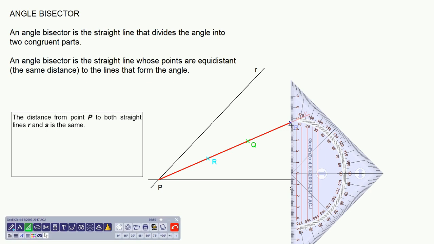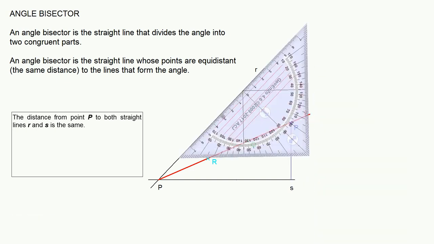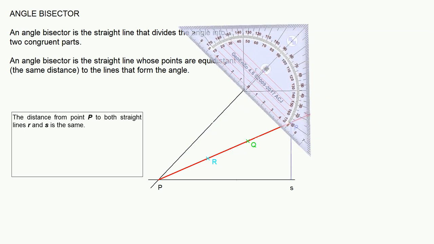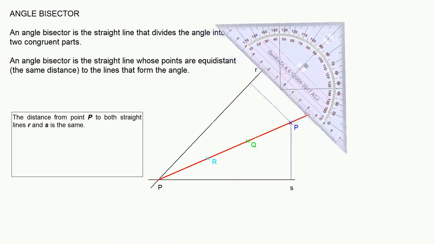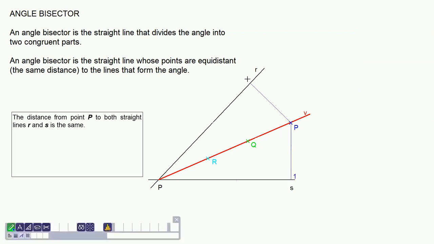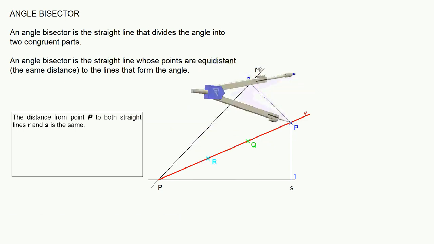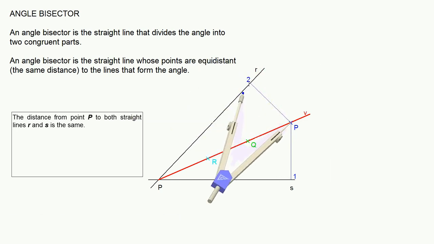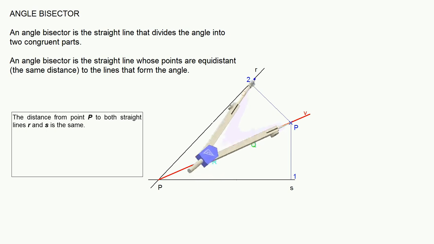In order to find the distance, we have to draw perpendicular straight lines from point P to the line we want to find out the distance, in this case point P to line S, and from point P to line R. The distance from point P to point 1 and to point 2, drawn perpendicular in relation to lines R and S, is the same, as you can see.